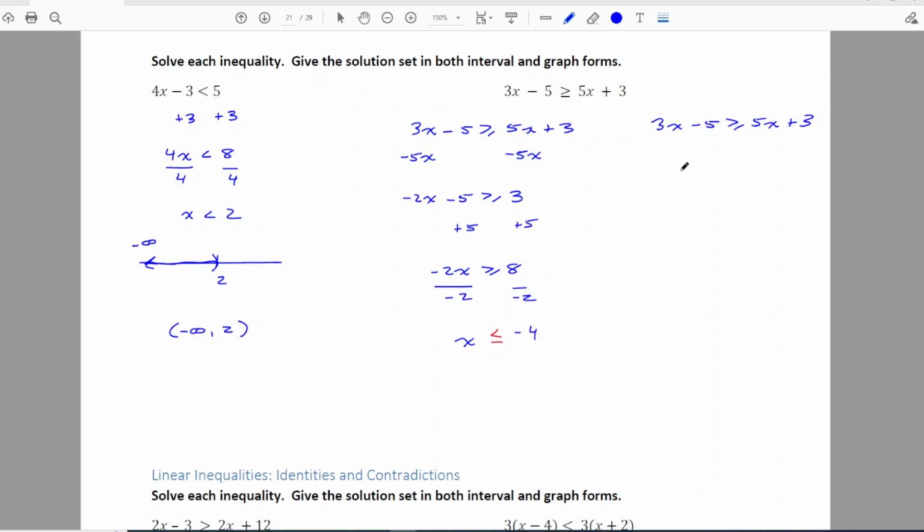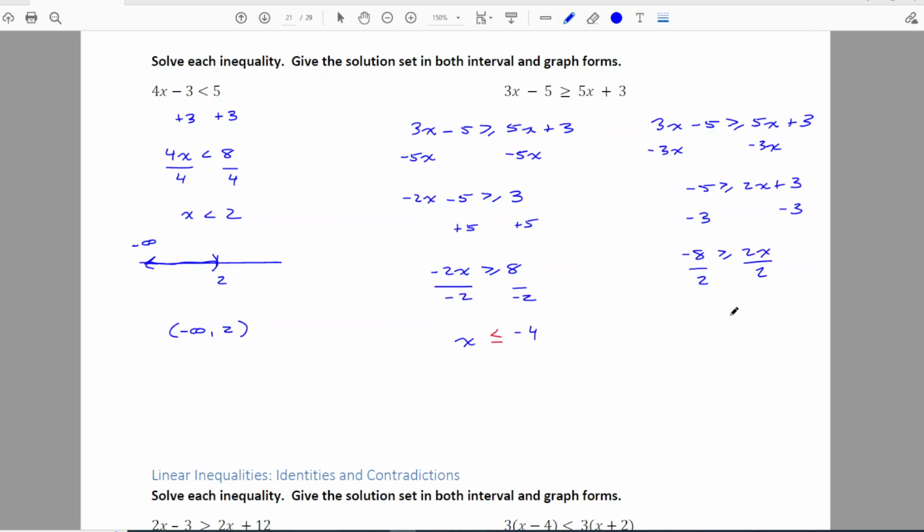Method number 2 is that instead of being stuck on x's with the left, I'm going to move them to the right so that I don't have to deal with a negative coefficient. I'm going to minus the 3x and minus the 3x. I'm left with negative 5 is greater than or equal to 2x plus 3. Then I'm going to minus the 3 to put the numbers on the left. I get negative 8 is greater than or equal to 2x. And then I'm going to divide both sides by 2.